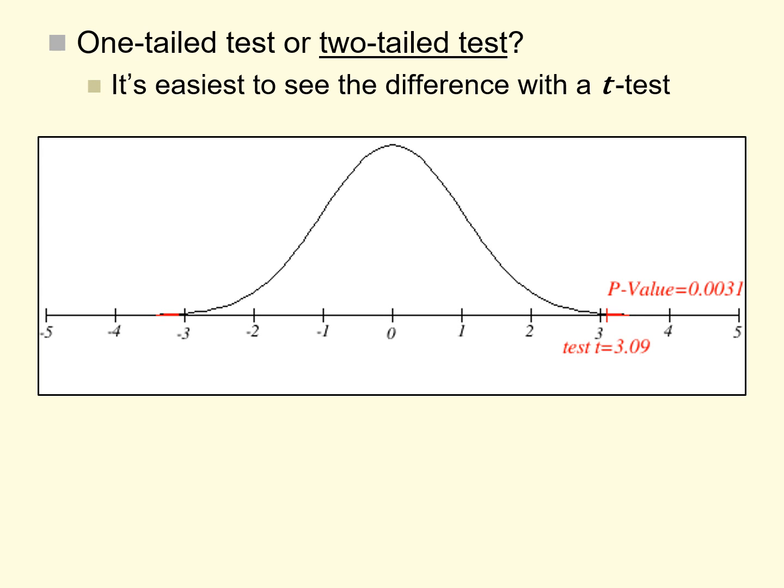Now, to answer this question, you may want to try to visualize a sampling distribution for a test statistic. So here, I've got a sampling distribution for a t-statistic, a t-test, under the null hypothesis.